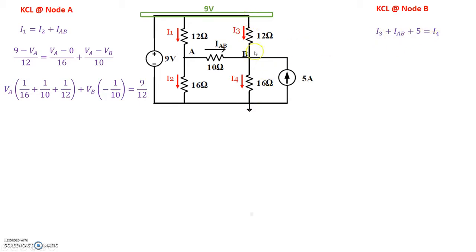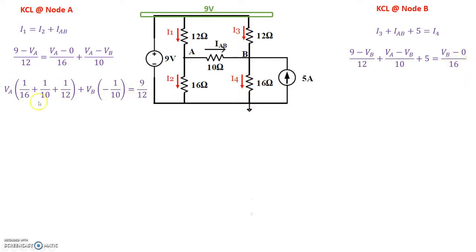I3 is 9 volt minus VB divided by 12. IAB is VA minus VB divided by 10. We have 5 amps as is, and I4 is VB minus 0 divided by this 16 ohm resistor. That's what we have here.